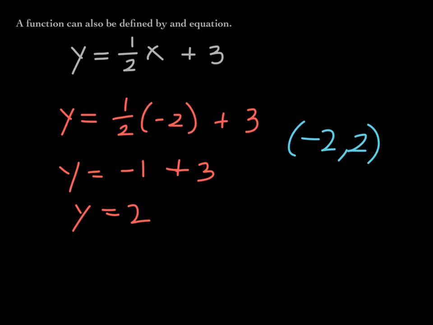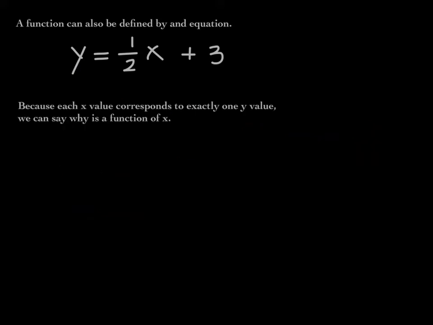Every time you consider one input for x, you're going to get one output for y. That is to say, every x will correspond to exactly one y value. So we can conclude that y is a function of x.